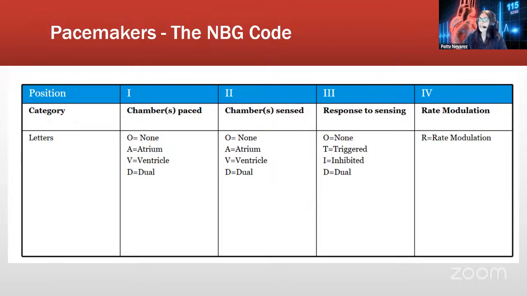Now, depending on what we're doing on the heart, depending on the pacemaker that we are using, we are going to do 1 lead, 2 leads, etc. So the NBG code is going to tell us what the pacemaker is doing in this patient.